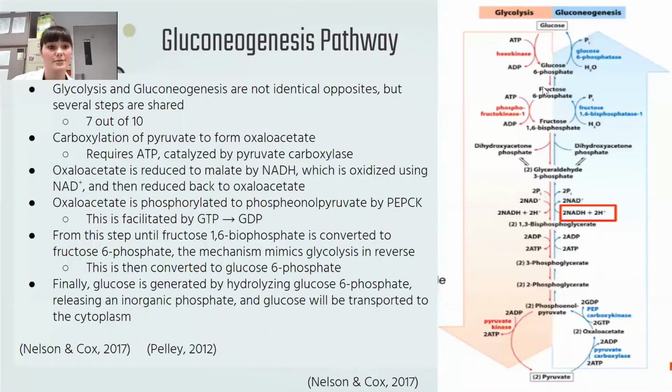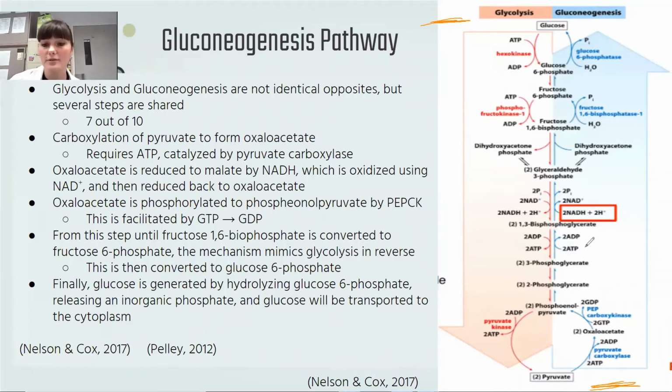So taking a little bit closer look at the gluconeogenesis pathway, right next to glycolysis, you're going to see a lot of similarity between the steps in reverse. Gluconeogenesis here starts out at the bottom, whereas glycolysis starts out up there.